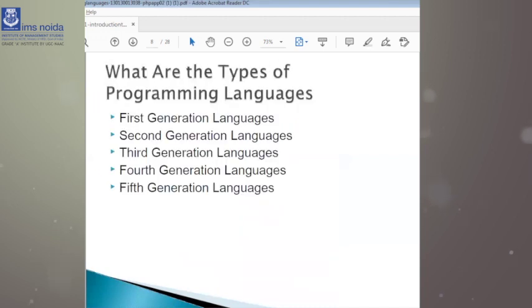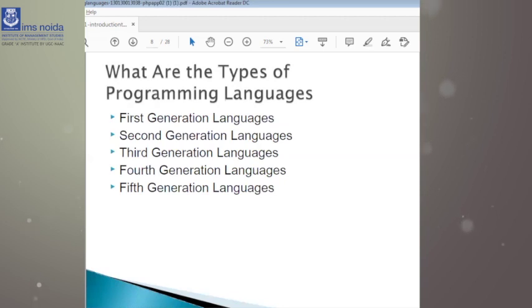So what are the types of programming languages? Generations of programming languages. Programming languages have been developed over the years in a phased manner. Each phase of development has made the programming language more user-friendly, easier to use and more powerful.